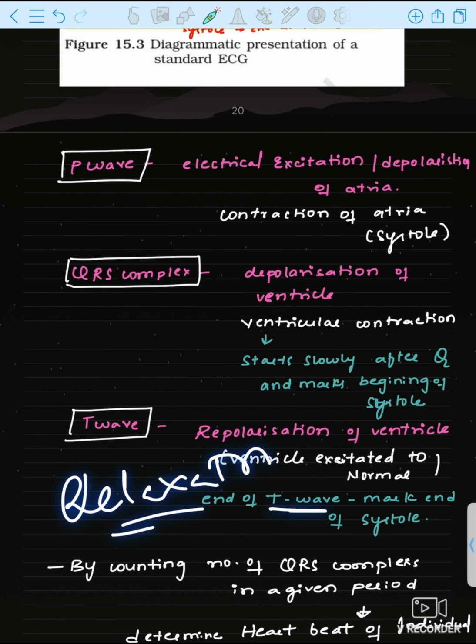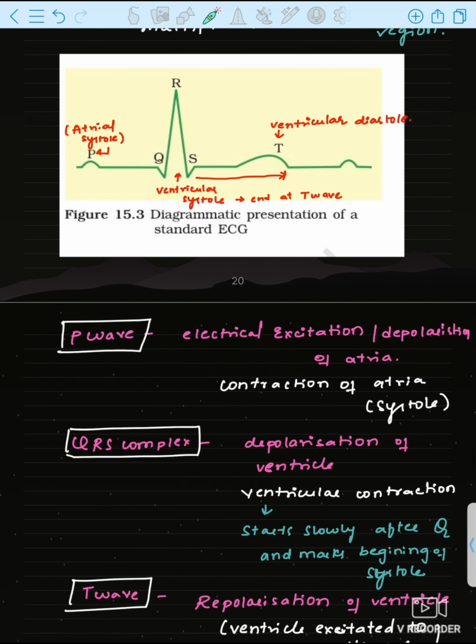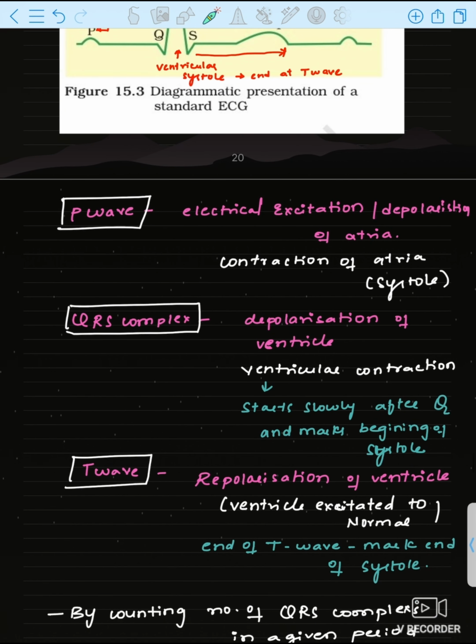Okay. End of T wave marks the end of systole. See, end of T wave is end of ventricular systole, and T wave is repolarization of ventricle, meaning relaxation of ventricle back to normal from excited state. Okay.